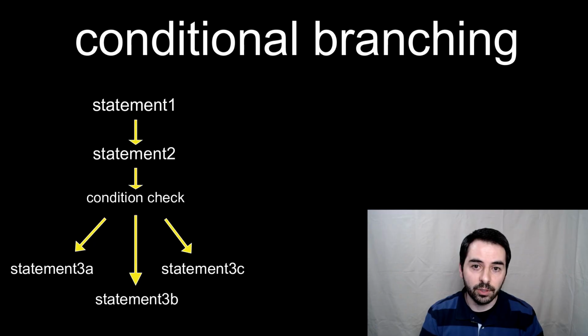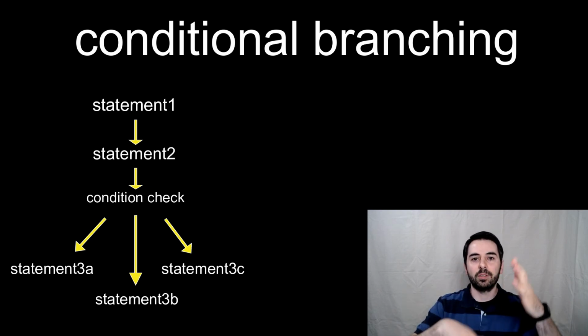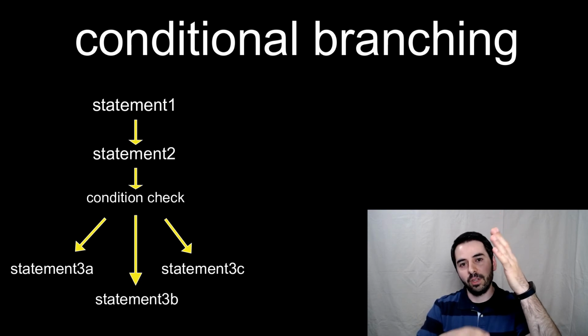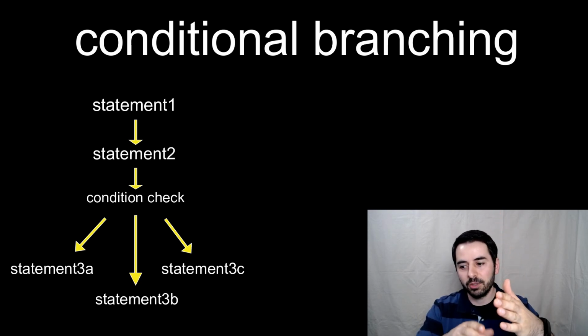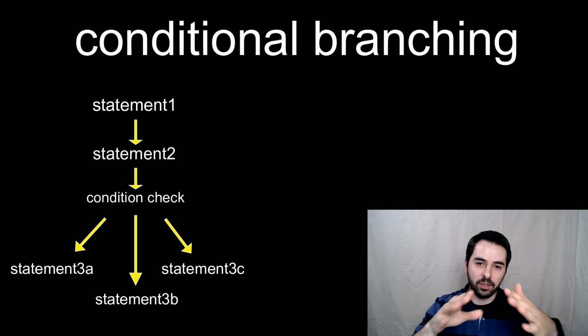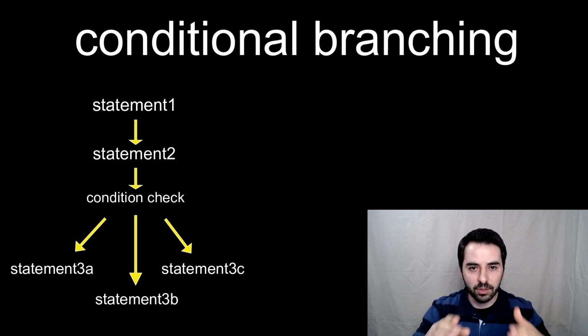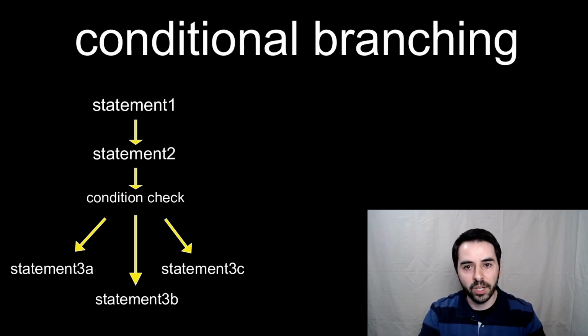More formally, these are called conditional branching statements. Branching, because the control flow splits into multiple paths. The execution comes as a sequence of instructions, and then at some point there are multiple ways forward. So this is called branching. And why conditional?